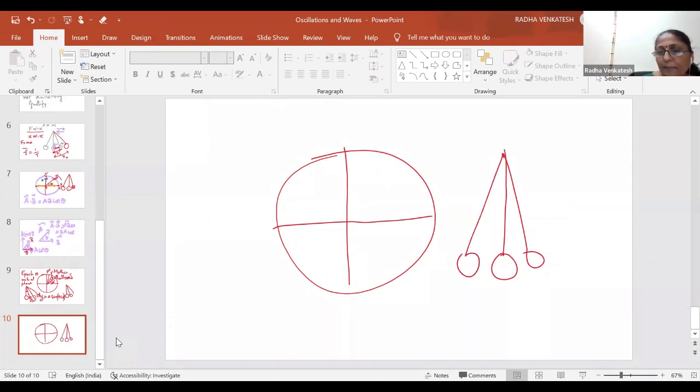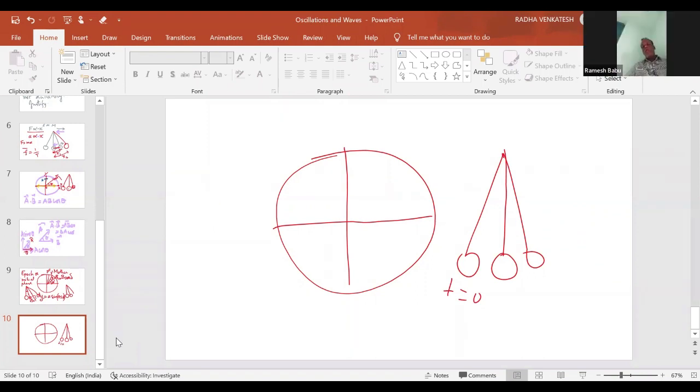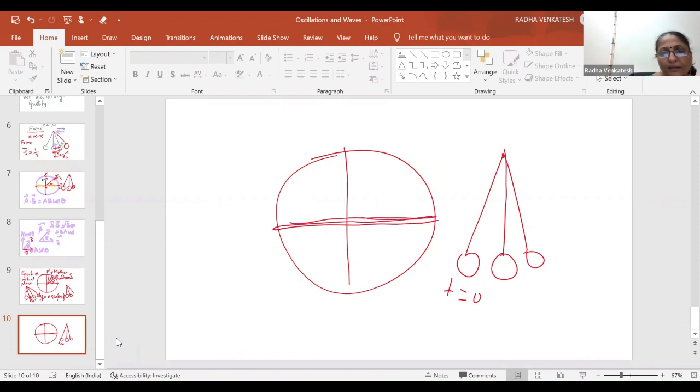Say my t is equal to 0 here. In which quadrant will I place this point P? This is my equilibrium or mean position. Now t is equal to 0 is here for me. If I consider this, where will I place the point in the circle?